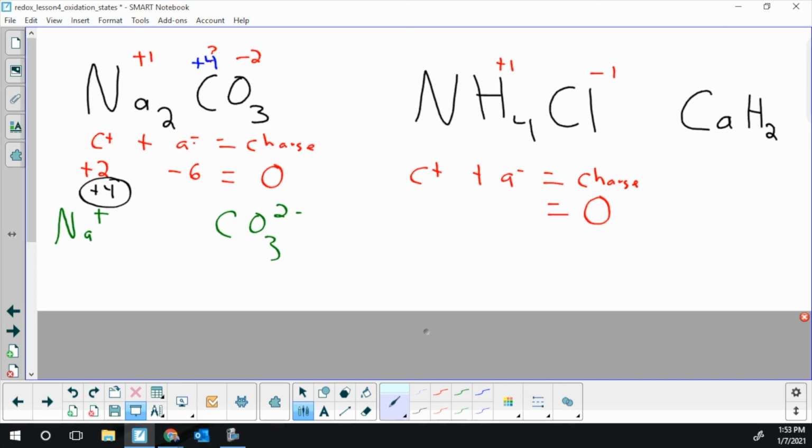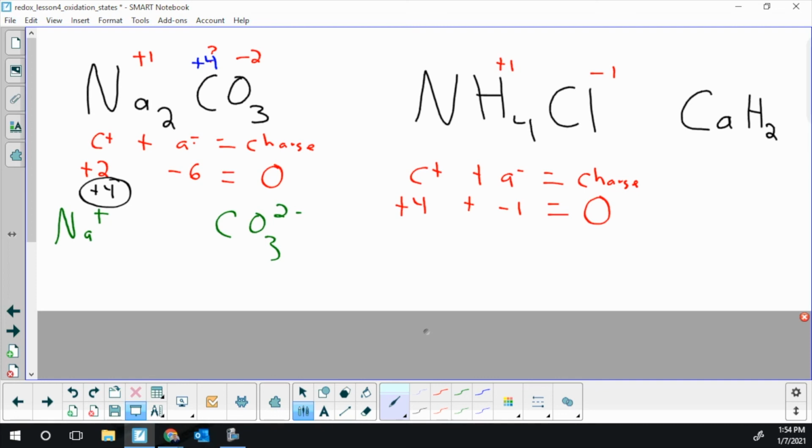Positive charges, we just have hydrogen. There's 4 of them. They're each +1. So 4 times 1 is +4. Minus, we only have our Cl. There's 1 of them. -1.